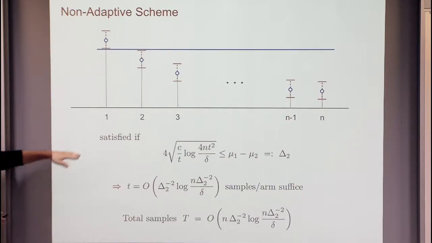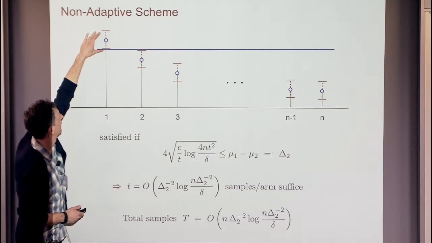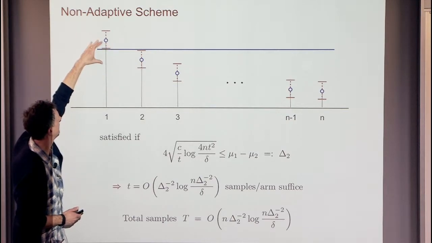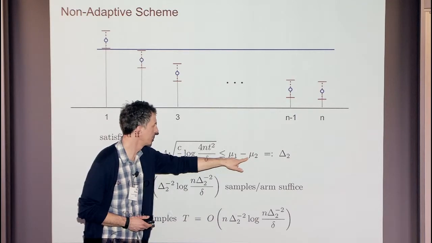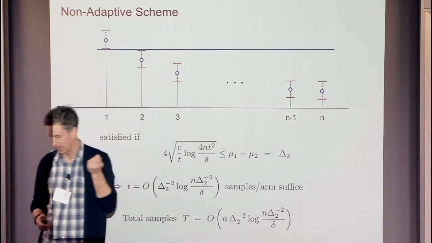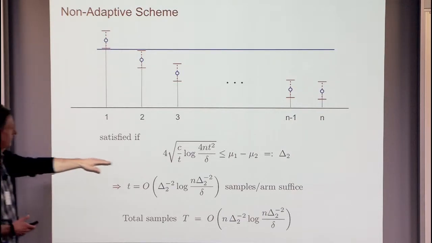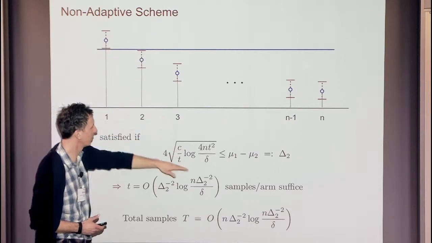And then you could say, well, when is that going to happen? Well, basically what it means is that the confidence intervals have to be small enough so that the difference between the first and second mean, mu1 minus mu2, which I'll define as the gap delta sub 2, you have to have the confidence intervals, or two of these guys, be smaller than that gap.